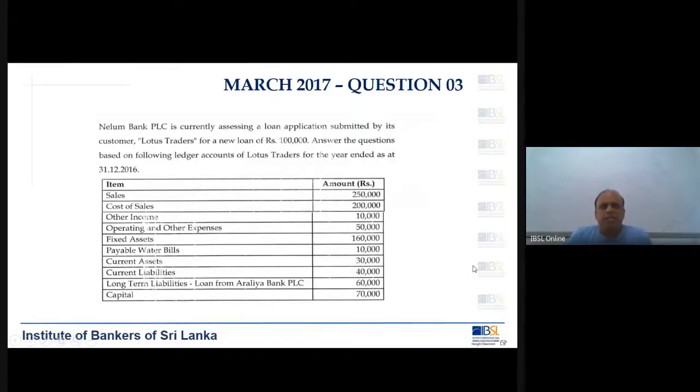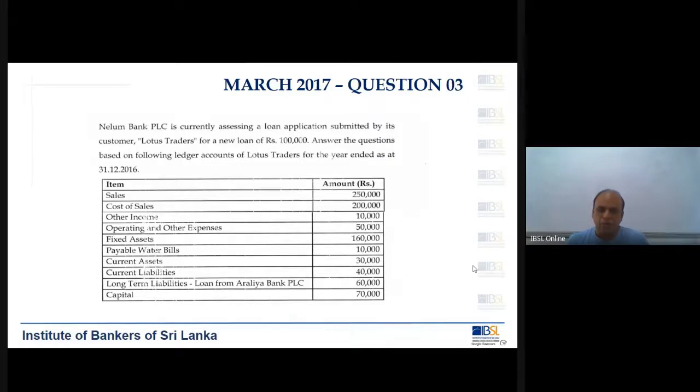The question says, Nelum Bank PLC is currently assessing a loan application. As I told you, why this business of sole proprietorship is important to us is you might get these types of businesses as one of your customers, because customers requesting loans will produce these types of financial statements.